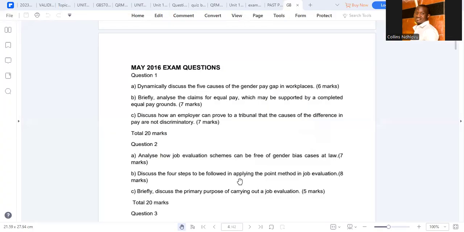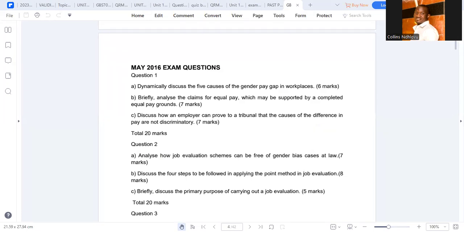Question number 2. Have we done part C? Discuss how an employer can prove to a tribunal that the causes of difference in pay are not discriminatory.